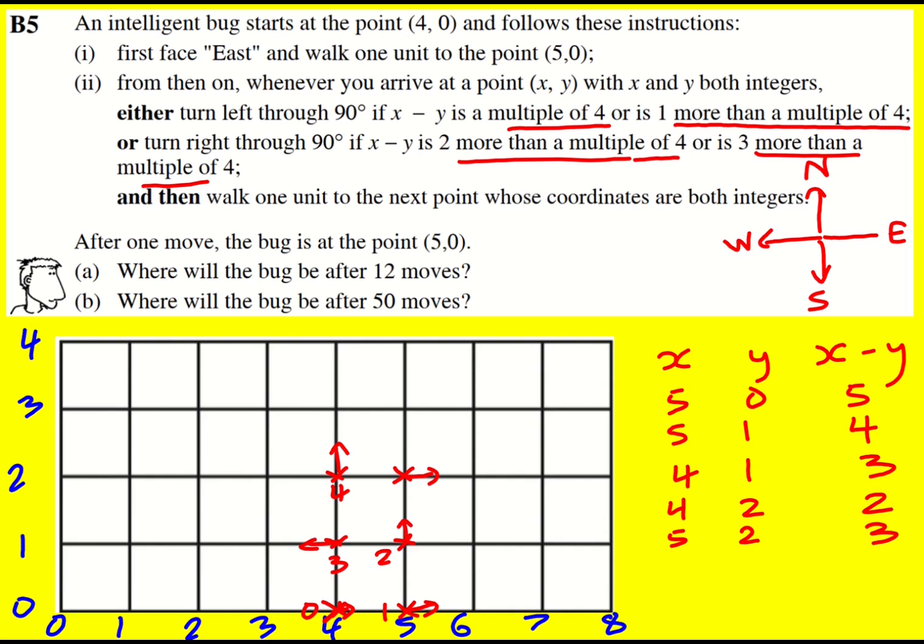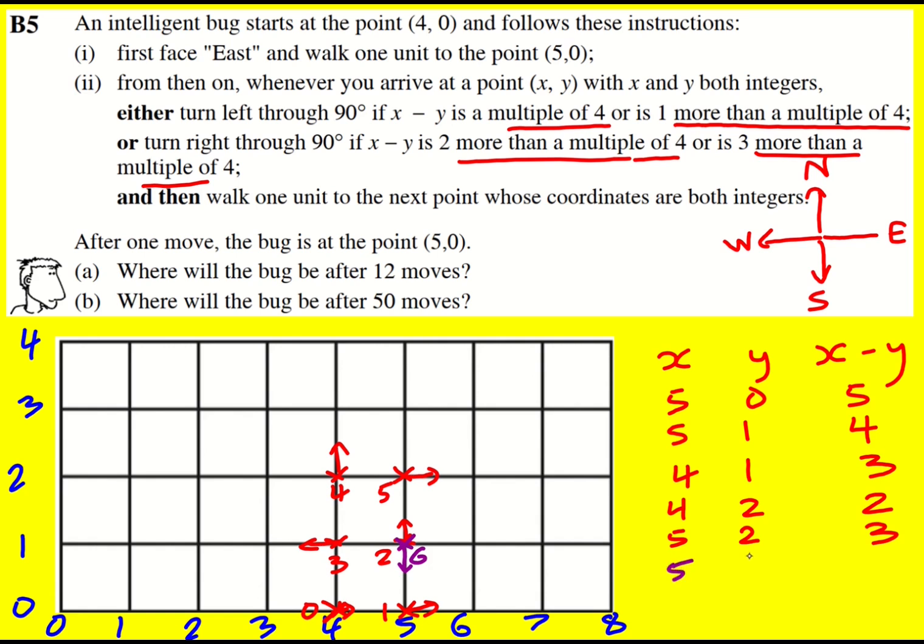This is 3 more than a multiple of 4. So again, going to turn right and go back down to here, but this time be facing this way. So this is after 6 moves.